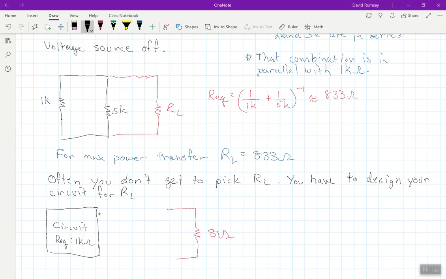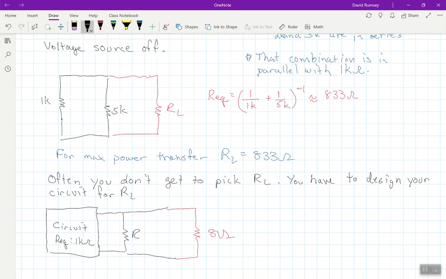If you want 8 ohms here, what you'll do is put another resistor R here, in parallel with that 1K. And 1K is very big compared to 8 ohms.